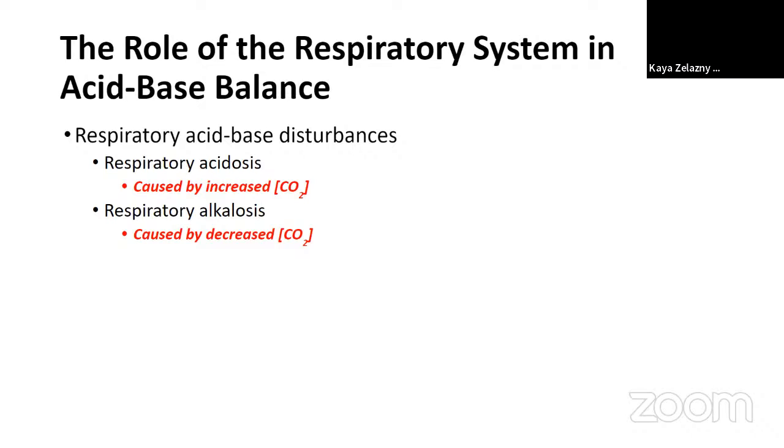Whether our pH is changing because of the respiratory system, in which case we have respiratory acidosis or alkalosis, or whether we're seeing the pH of the blood change because of some other system, potentially your kidneys, although potentially also the gut or other parts of your body as well. We're going to call it respiratory acidosis if we have increased carbon dioxide because of problems with the respiratory system.